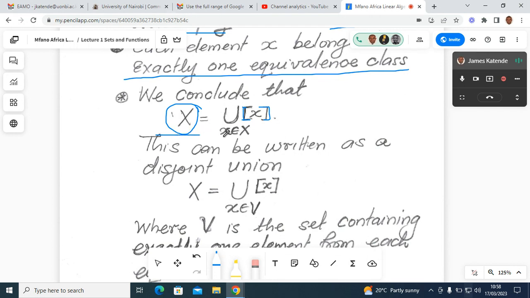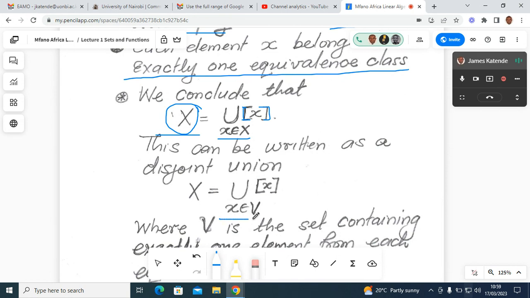So that means you can write this. Now you can go one step further and write this union as a disjoint union, because you can pick just a representative from each equivalence class, so that for each element you pick, only the one equivalence class to which it belongs is included in the union.